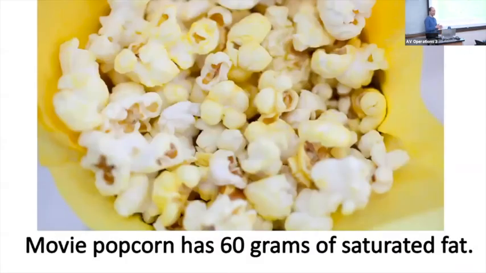So oftentimes we'll give facts or details or statistics like this. So movie popcorn has 60 grams of saturated fat, okay? Just facts, because they make sense to us and they're concrete details, and so we just want to give people information, okay?